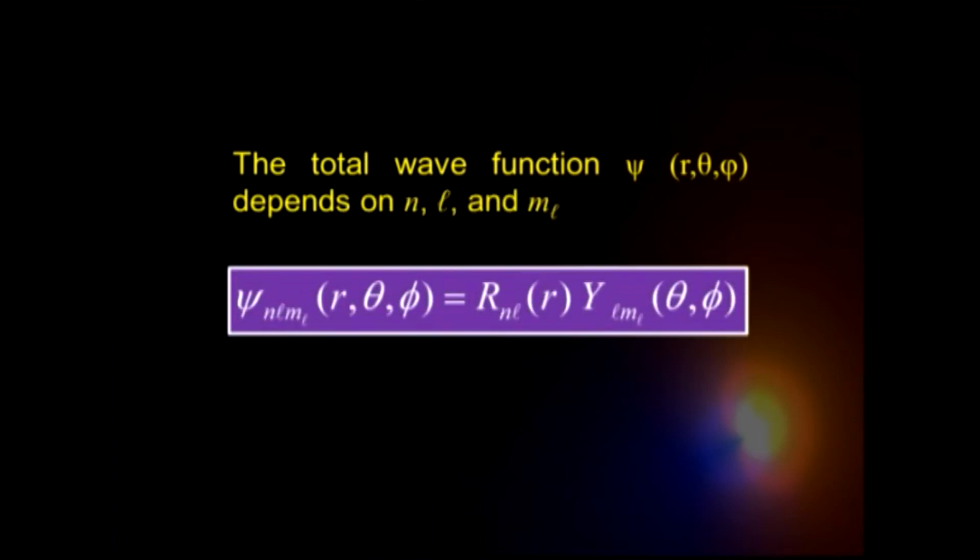Okay. So when you solve these equations, we get two things. One, the total wave function for hydrogen atom. And the total wave function, you would recall, is dependent on all the three parameters r, theta and phi, and in fact it's a product of the three parts, that is the radial part and the angular parts. So that's the wave function we got there.